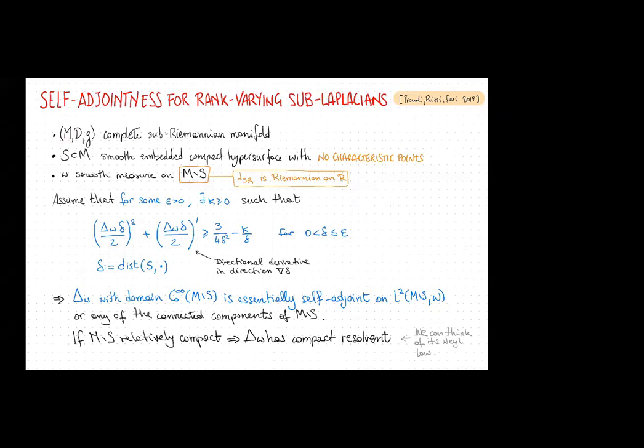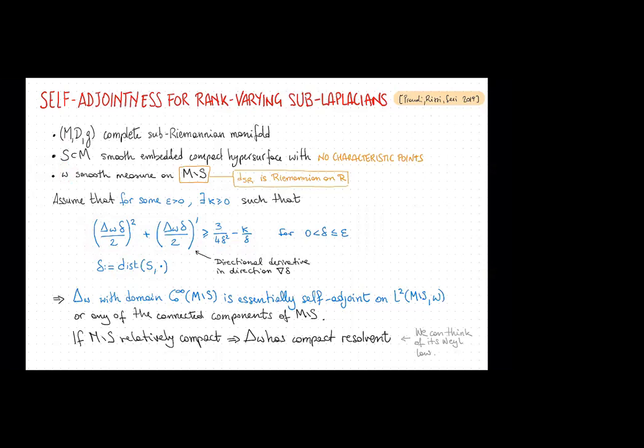Then the distance from the singularity is what tells you if you are essentially self-adjoint or not. If this distance behaves in a certain way, as a lower bound, then the Laplace-Beltrami operator corresponding to that volume is going to be essentially self-adjoint on each of the connected components of the manifold minus this critical set. And if the components are relatively compact, then the corresponding Laplacian has compact resolvent.